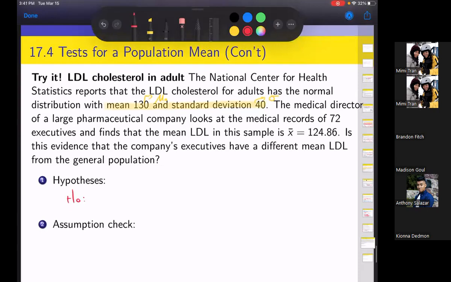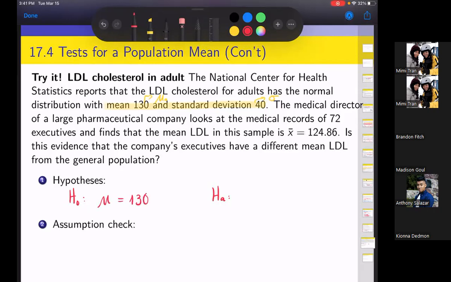H naught. Someone tell me what you want to write down. You've done this before. Start out with mu equal to mu naught, so 130.